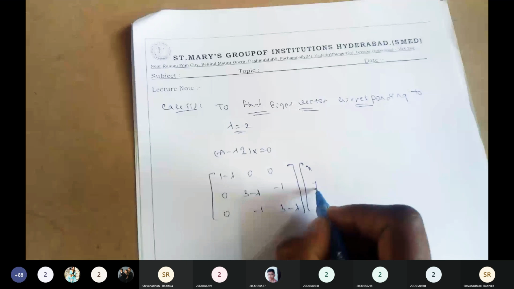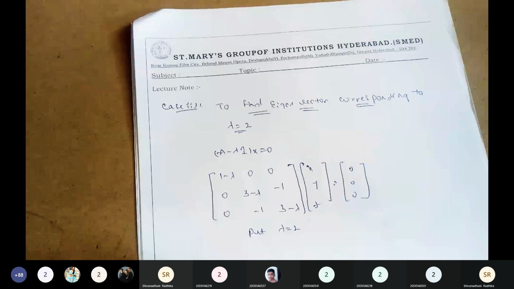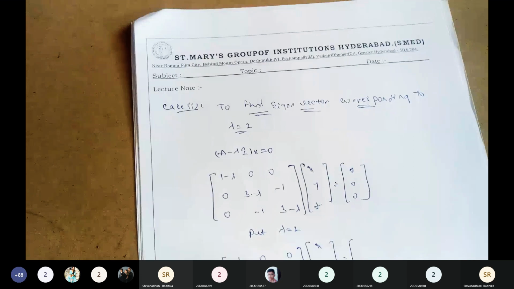Now we are going to substitute the lambda value here. What is the lambda value? Lambda equals 2. Then 1 minus 2, minus 1, 0, 0; 0, 3 minus 2, which is 1, minus 1; and 0, minus 1, 3 minus 2, which is 1. Now into the variable matrix x, y, z, which equals zeros.